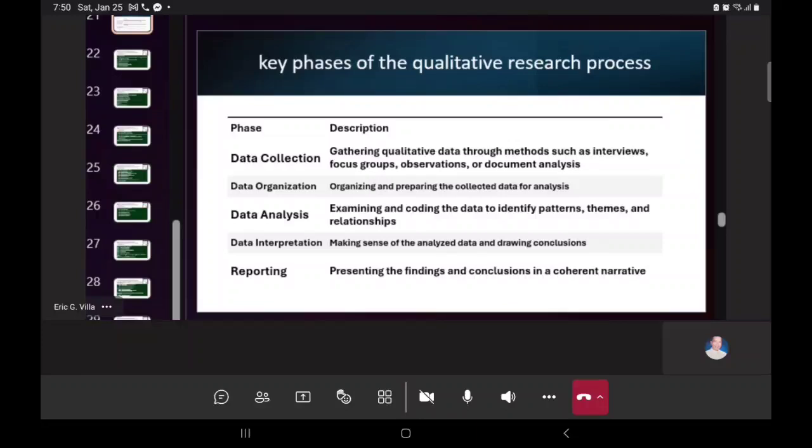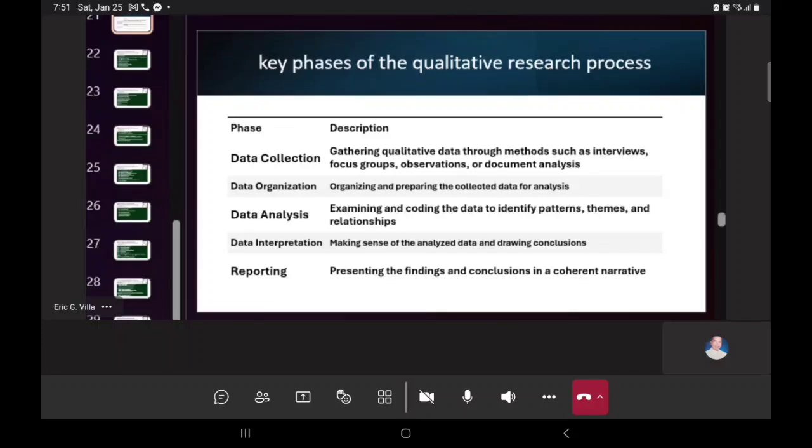And the final phase is reporting, where researchers present their findings and conclusions in a coherent narrative. This often involves using direct quotations from participants to support the themes and interpretations, ensuring that the participants' voices are accurately represented.